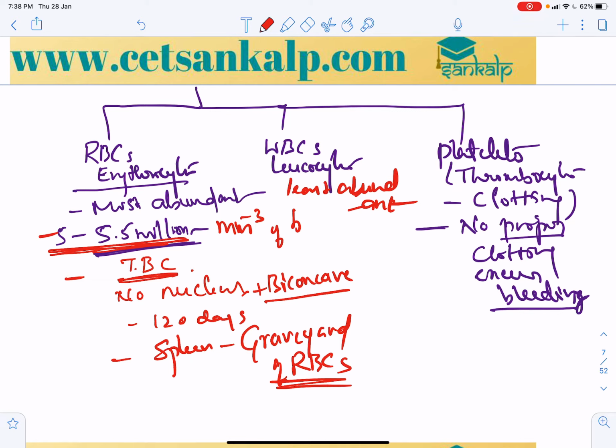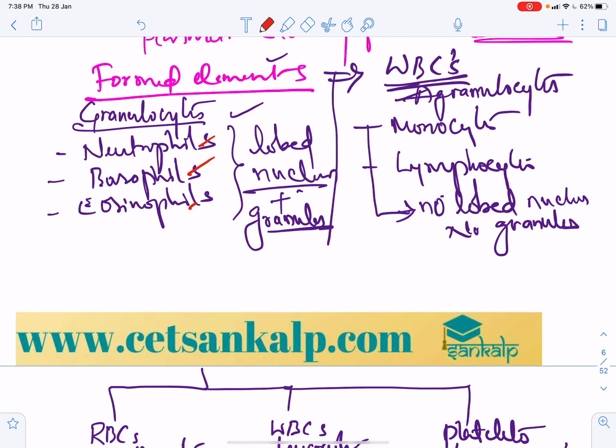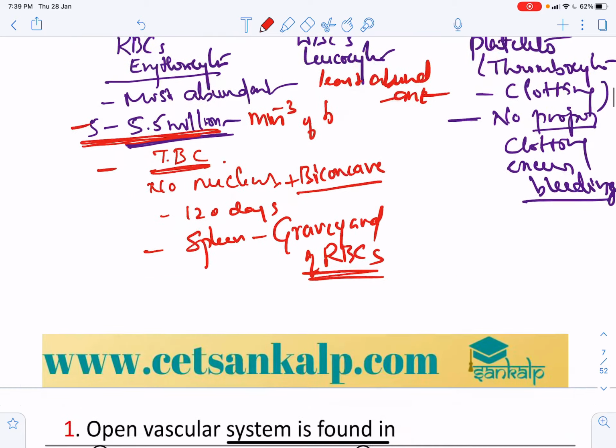In case of WBCs, we have neutrophils, basophils, eosinophils, monocytes and lymphocytes, as already mentioned. WBCs have a lifespan of less than a week. The lifespan is very short, and they fight for immunity.